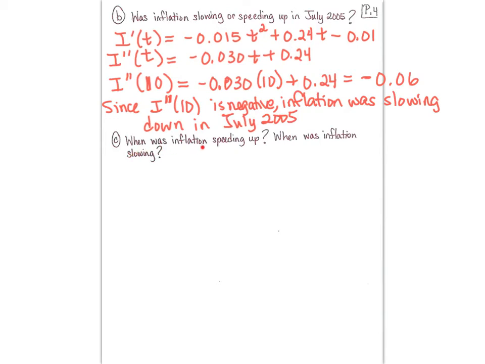If we want to know when was inflation speeding up and when was inflation slowing, then that's asking us to find it in general. Then we now need to know what are the points of inflection. So in other words, what are your points of inflection?